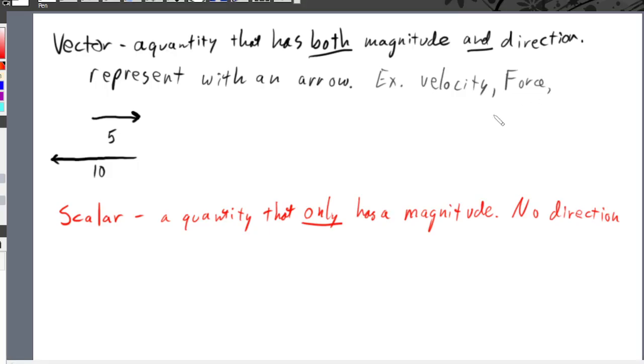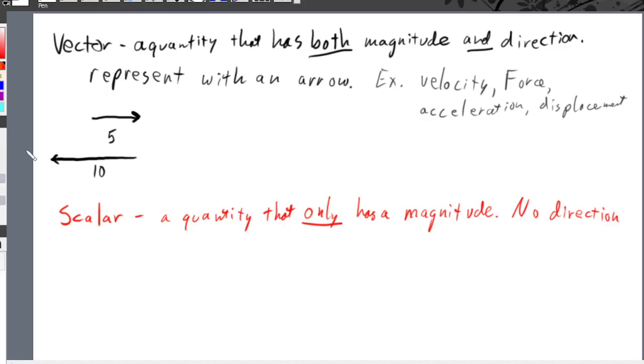We haven't talked about force yet, but it has an amount and a direction. Acceleration, displacement, etc. So there are lots of vector quantities, and those vector quantities can be represented with arrows. Scalar quantities, on the other hand, don't get represented by arrows. They just get represented with a number, just with an amount.